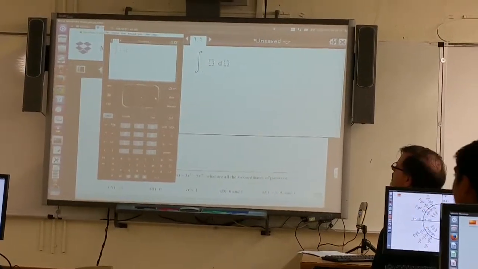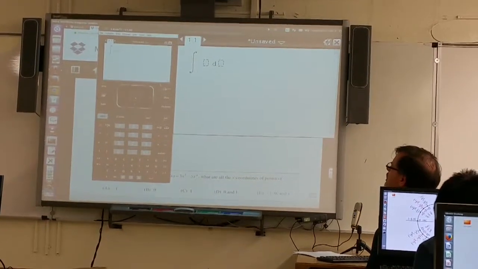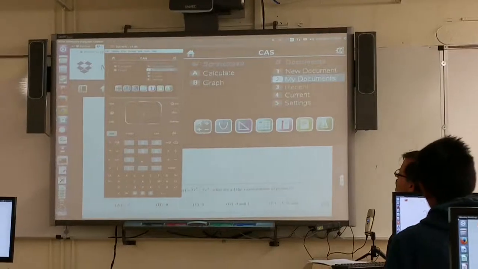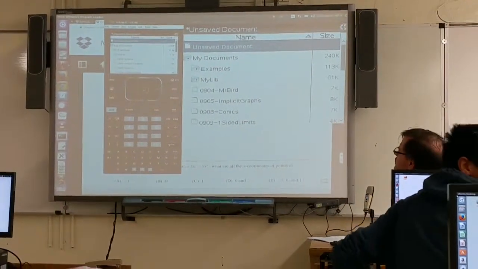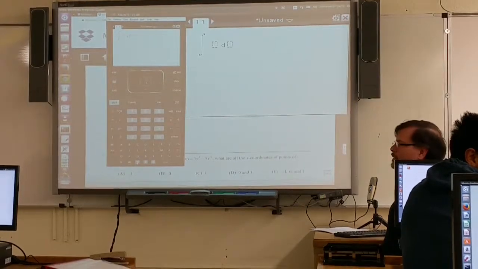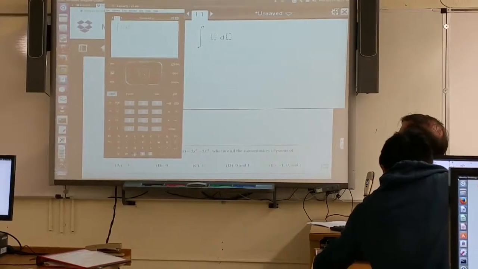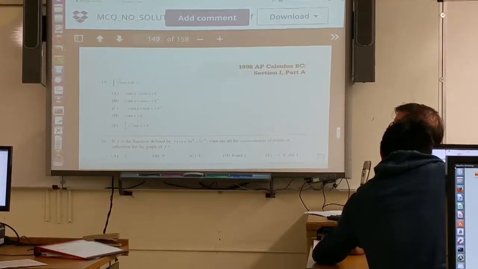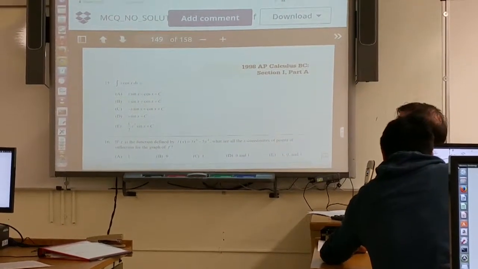So skip that part. It always does this to me. Hang on. Okay, so just go over here and you write x cosine x, wasn't it? X cosine x, right? We got choice B, didn't we?